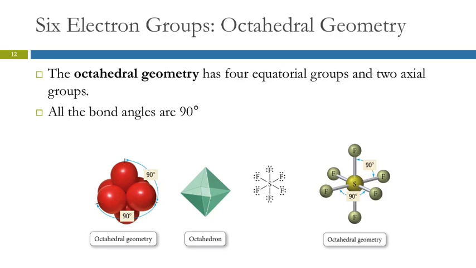You gotta get the full effect of seeing them come together. Oh, by the way, this is a ball and stick model of the trigonal bipyramid. Yeah, that's the octahedral model.